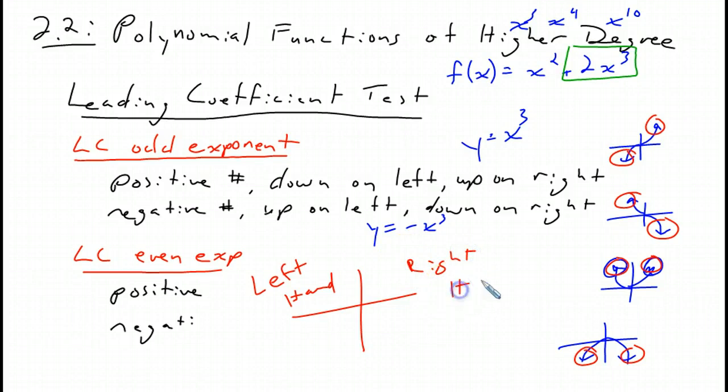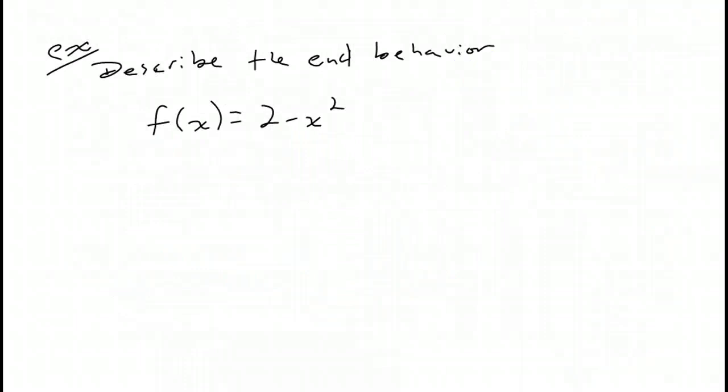So it may ask, what is the left and right hand end behavior? You're just going to say what happens on the left side, whether it falls or rises, and then what happens in the right hand behavior, whether that falls or rises. Okay, there's only one option. It's either up or down, falling, rising, whatever you say, just as long as it's going the right direction, and I understand your terminology. I'm going to look at a few examples now.